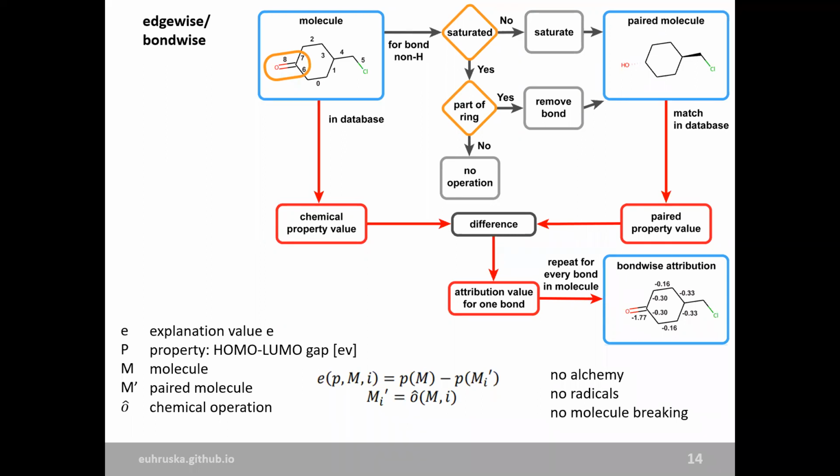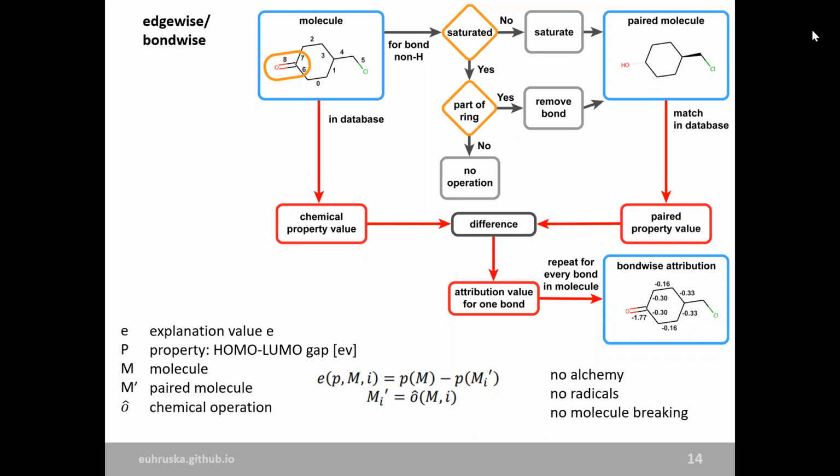But in some cases, if it's not part of the ring, it can break chemical validity because it will break the molecule into two parts. And just like before, we match these paired molecules in the database, find the property values, take the difference, and for this particular bond, we get the attribution value as just the difference of the properties.